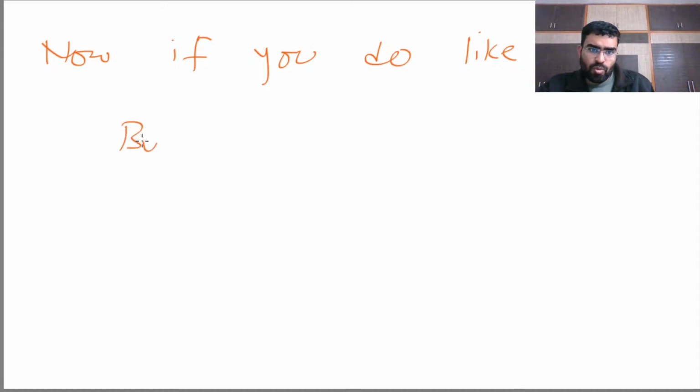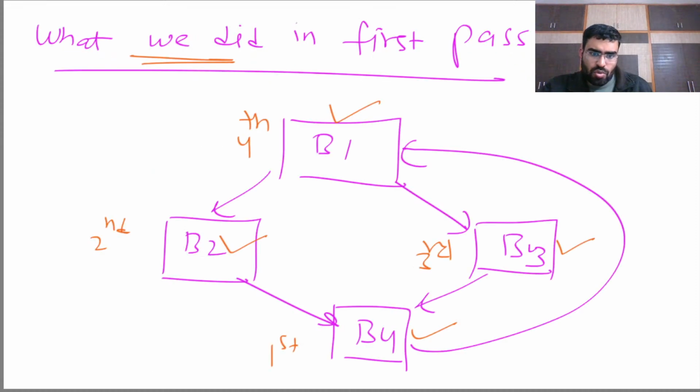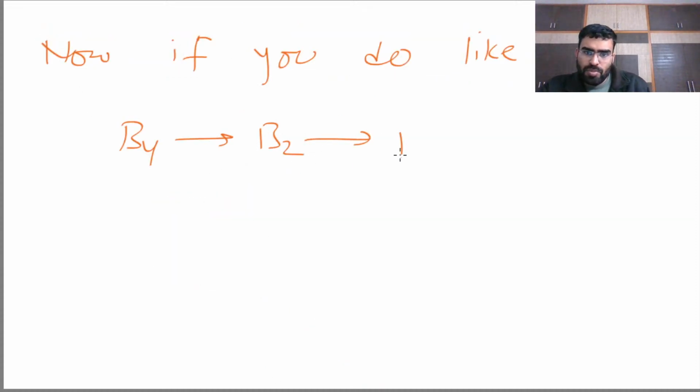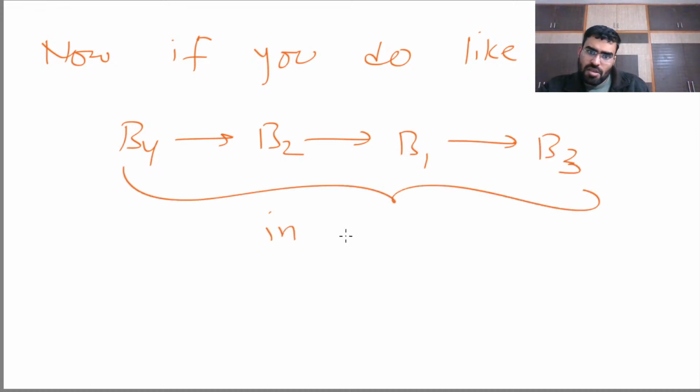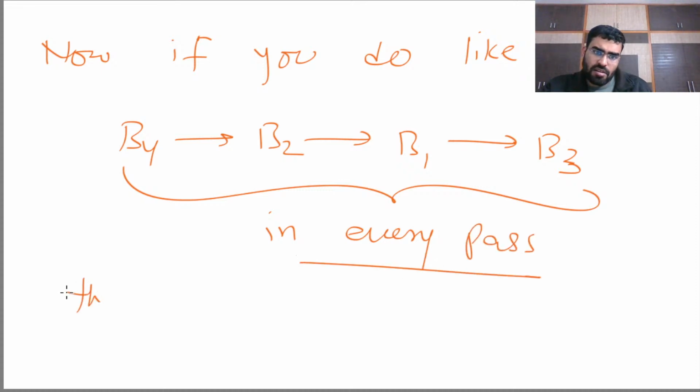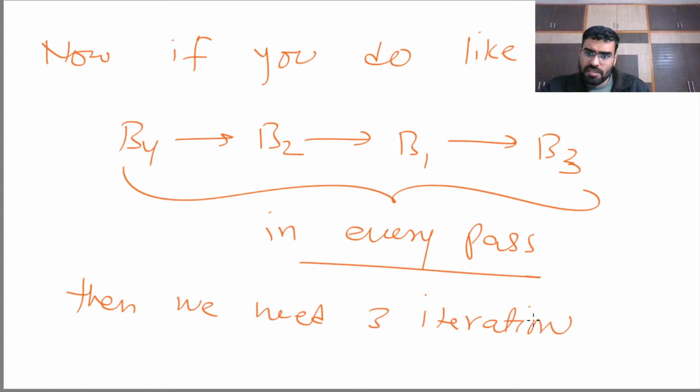For example, you do B4 first, then B2, then B1, then B3. If we do it like this in every pass, then we actually need 3 iterations.